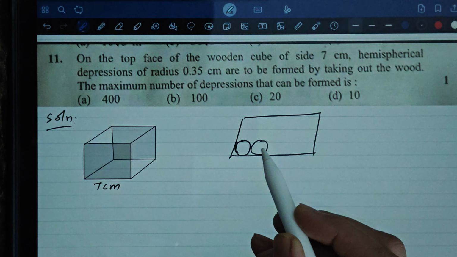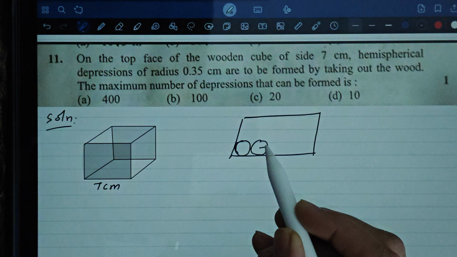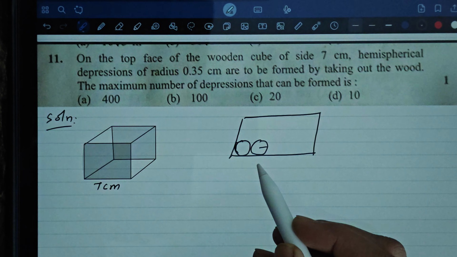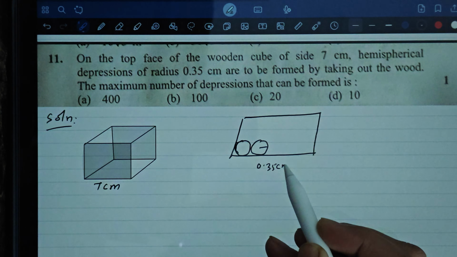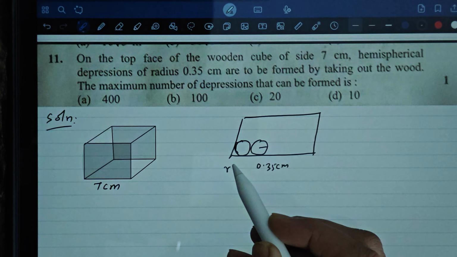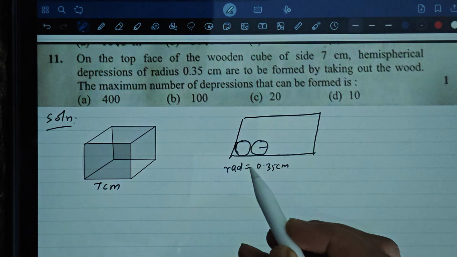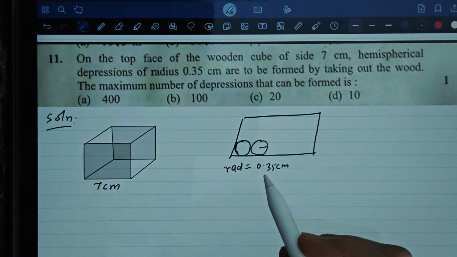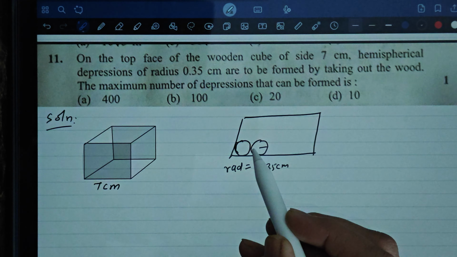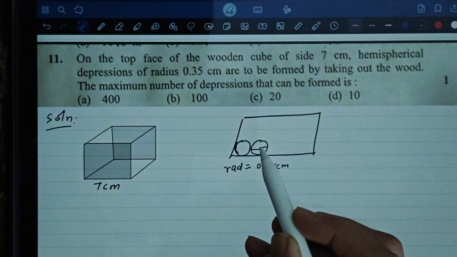Now its radius is 0.35 centimeter, okay, 0.35 centimeter radius of the hemispherical cutouts, okay.